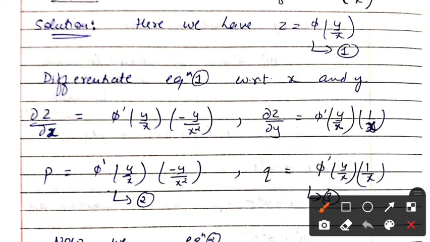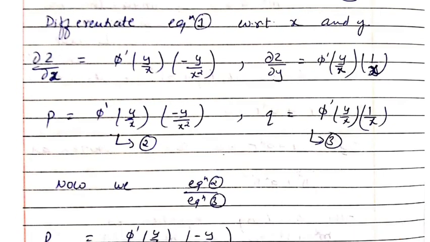So we will differentiate the given equation with respect to x and with respect to y. First we differentiate with respect to x. So you get del z by del x. Again I differentiate this whole term, you get phi dash of y by x. Again I differentiate this particular function, so you get minus y upon x square. Now this can be written as p and this whole term will remain as it is.